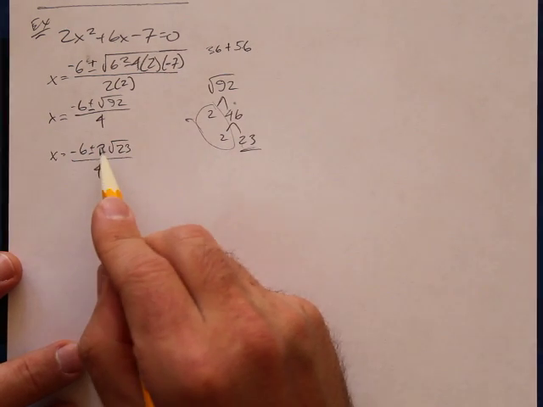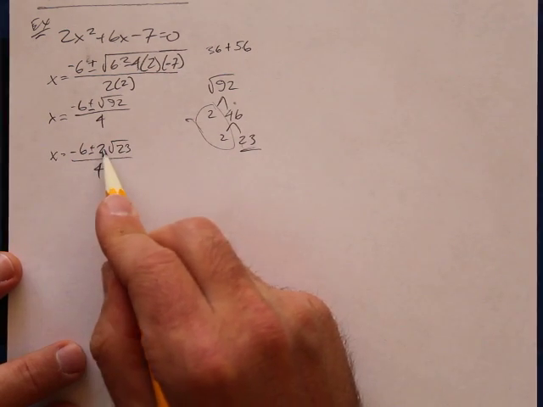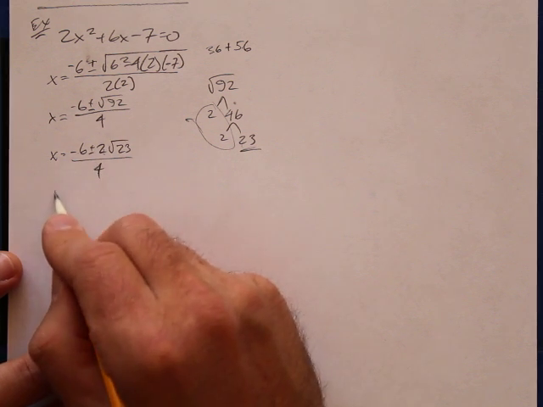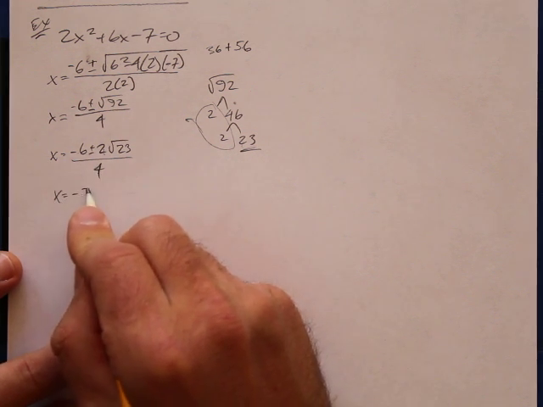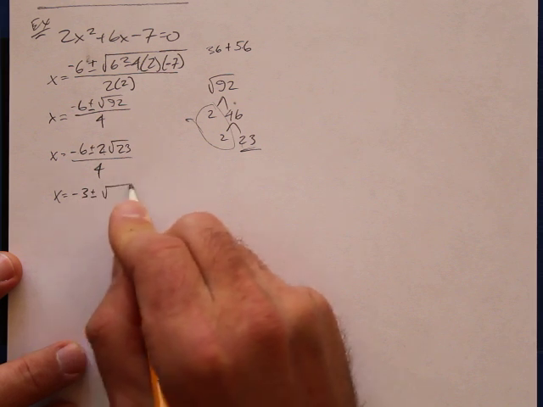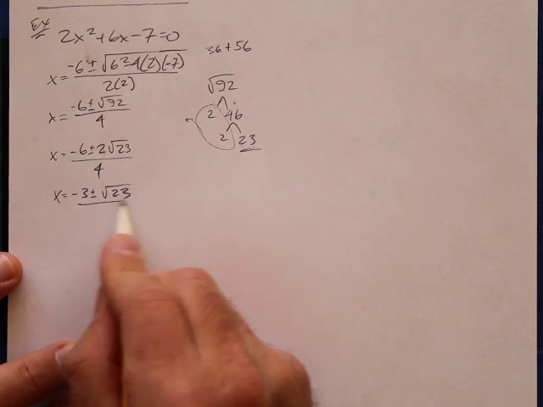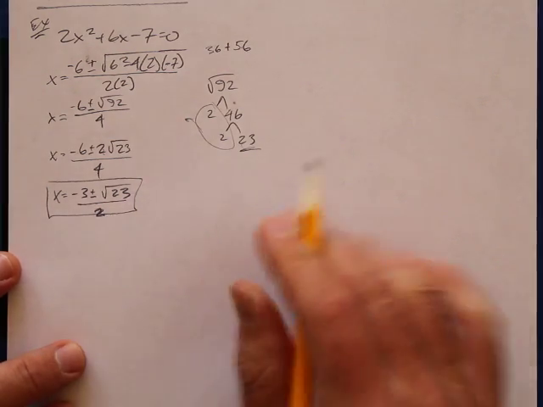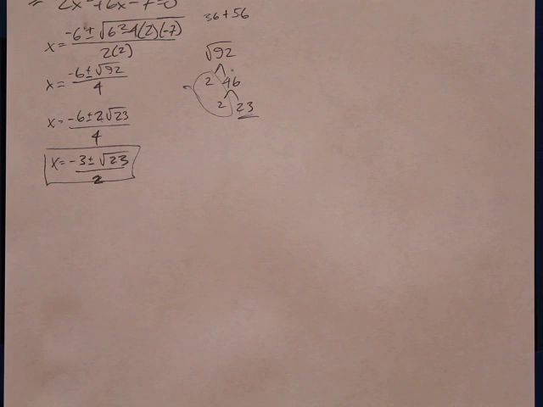Now I can see each of these terms has a 2 in it. So I'm going to factor out a 2 from this, and I'll be done. x equals -3 plus or minus the square root of 23 over 2, and we will leave it like that. That is an acceptable answer. I would take that.